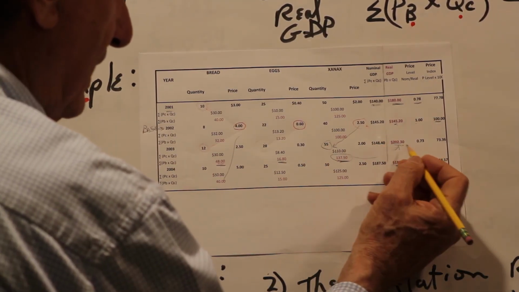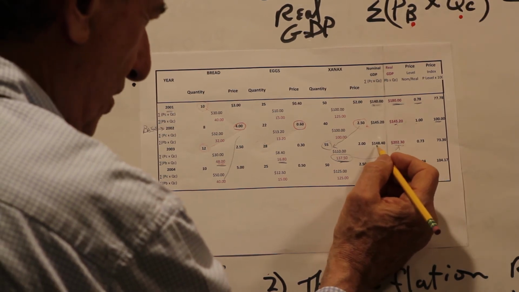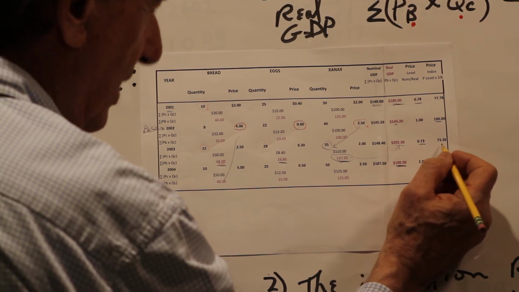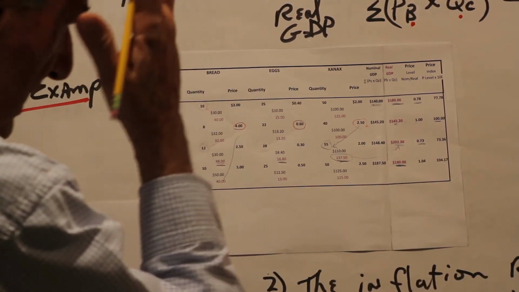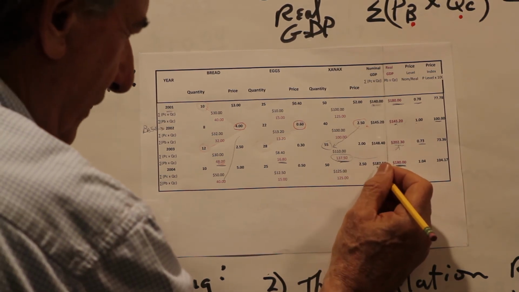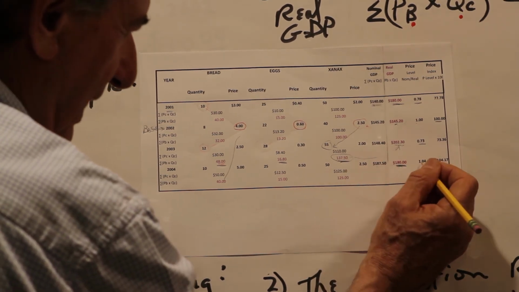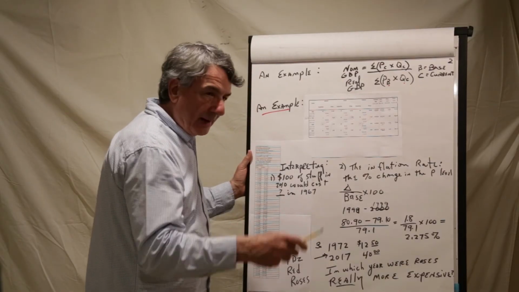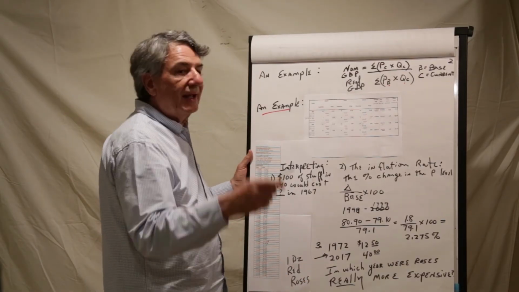In year 3, nominal is 148 divided by real, 202, that's 0.73, or 73 is the price index level. And finally, in year 4, it's nominal of 187 divided by 180, that's 104. So that's how you calculate nominal and real and the price level.